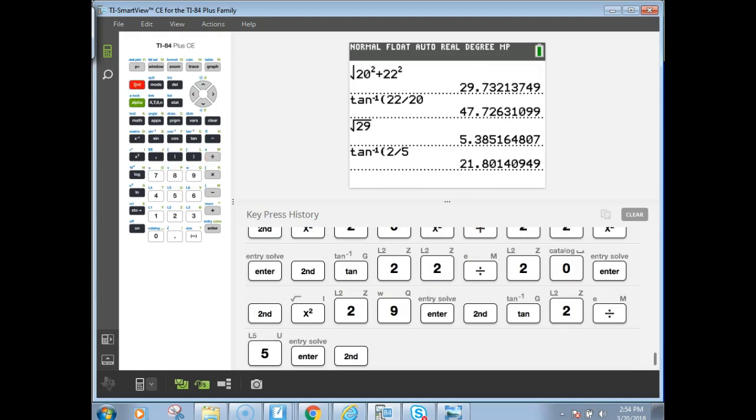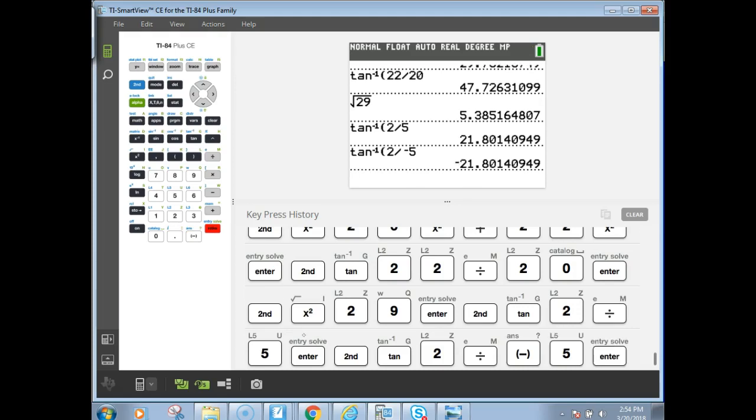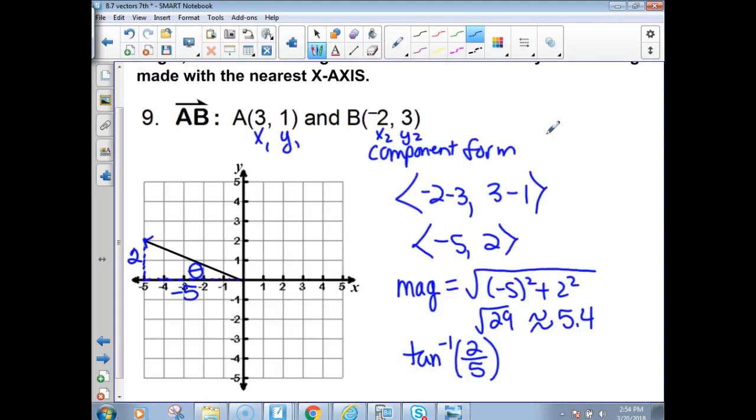If you hit second tangent 2 divided by -5, you will get the same answer, except it's going to be negative. You don't want a negative angle. The negative sign for x just tells you what quadrant we're in. So you can omit the negative sign on the answer for the angle.